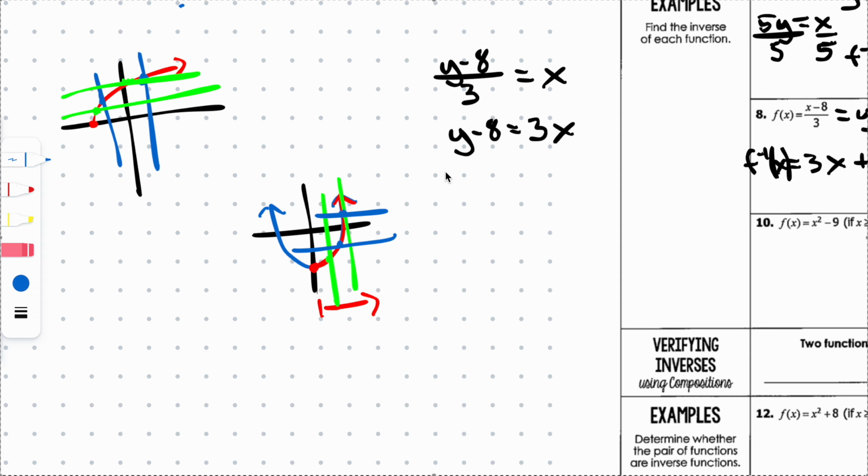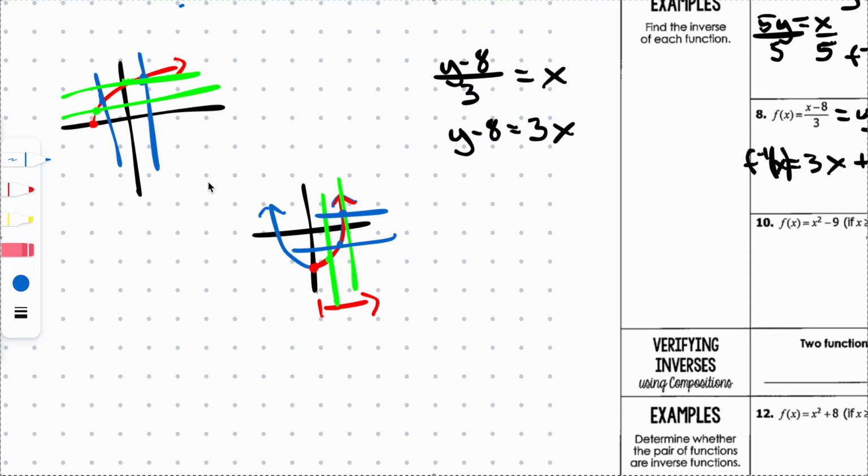And also just keep in mind that the results of our vertical line test on our original function are going to produce the same results as our horizontal line test on our inverse function, and vice versa.